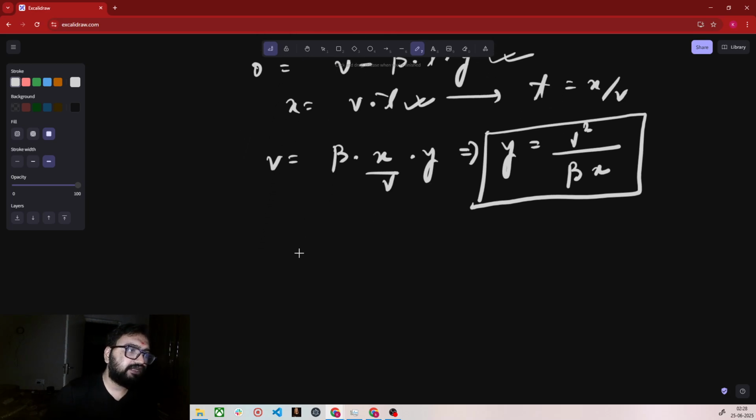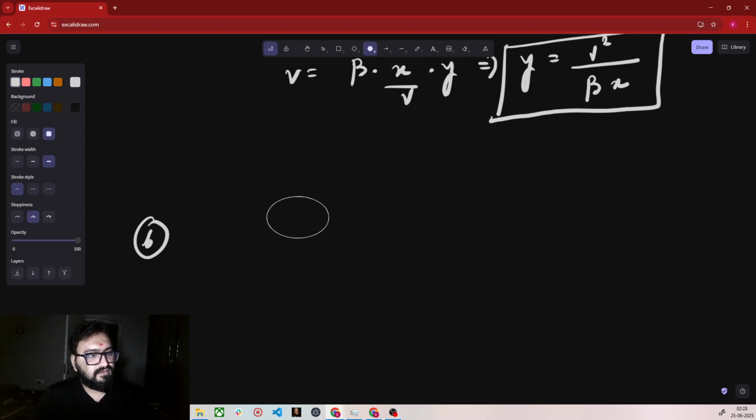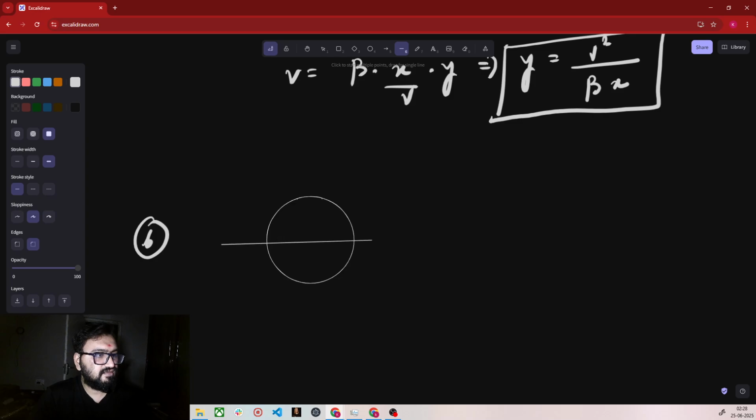Now let us try and solve the second case. In the second case, it is mentioned that the disk moves with a constant acceleration a along the positive x-axis, but it has a constant angular velocity omega in the anti-clockwise direction.